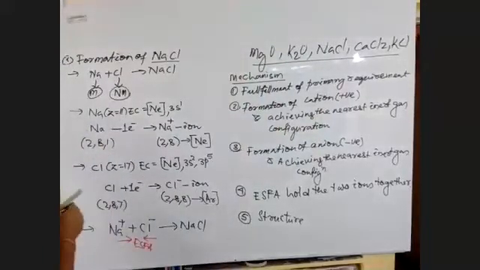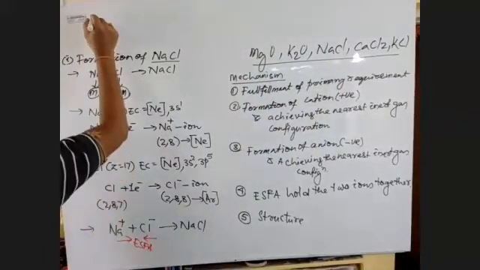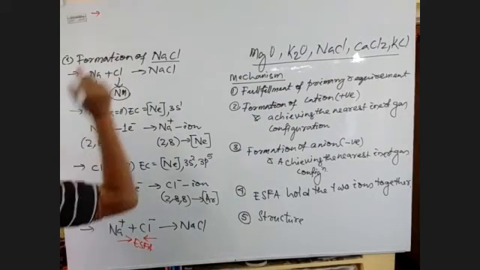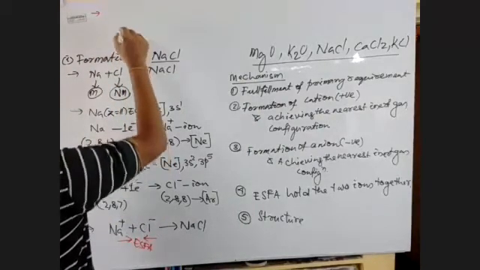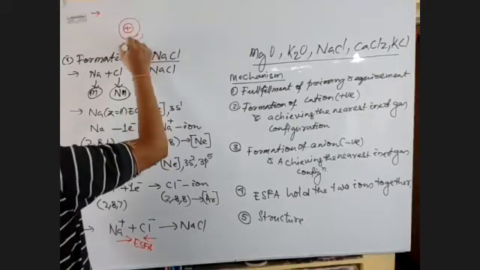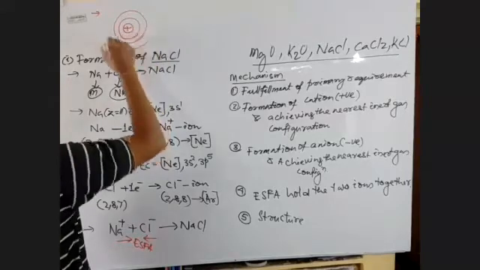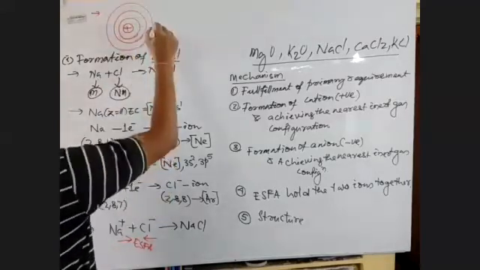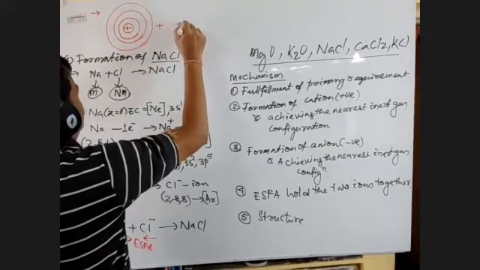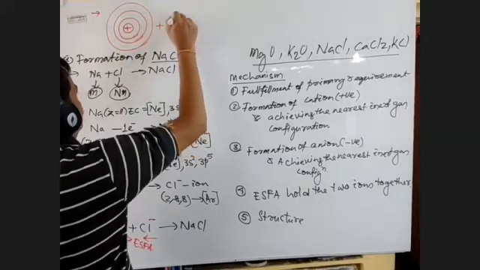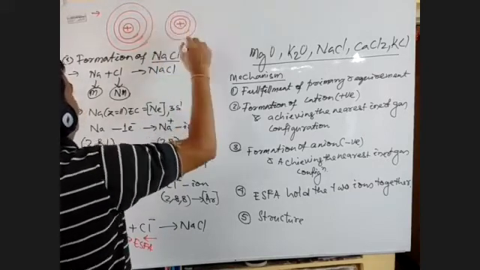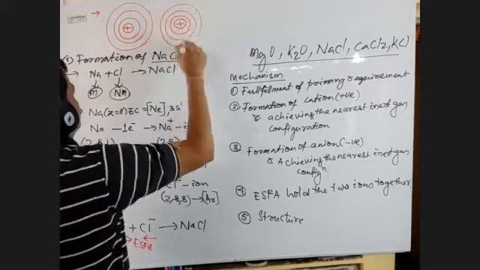Okay, the next point is your structure. Sodium has three shells. So this is your sodium nucleus, first shell, second shell, and third shell. Next is your chlorine. It also has three shells: first shell, second shell, and the third shell.